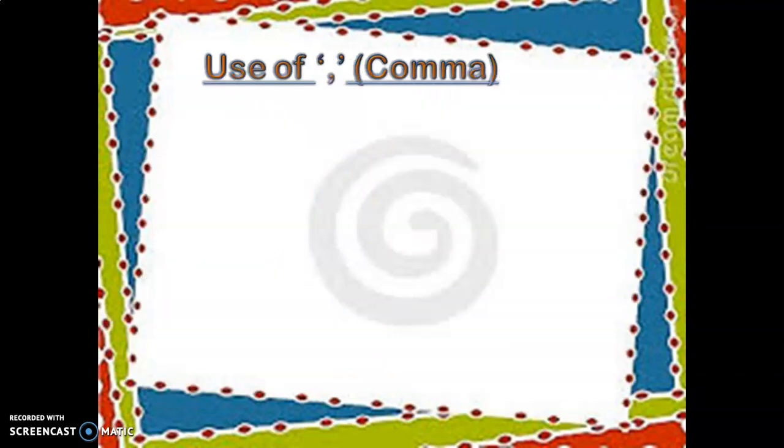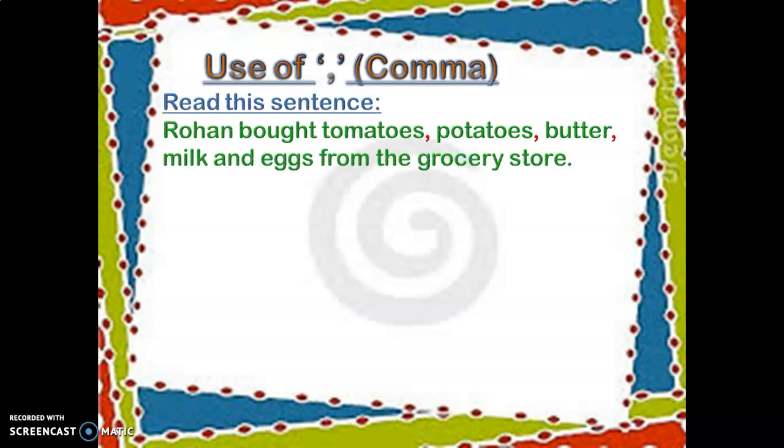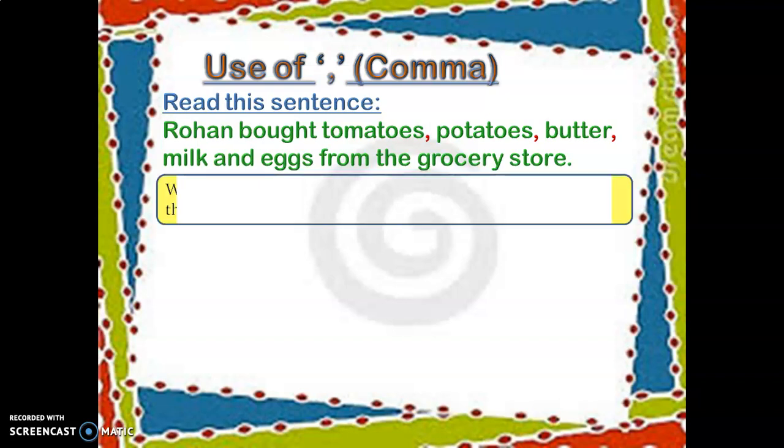Now, use of comma. There are few rules regarding the use of comma, which we'll get to know now. Read this sentence. Rohan bought tomatoes, potatoes, butter, milk and eggs from the grocery store.